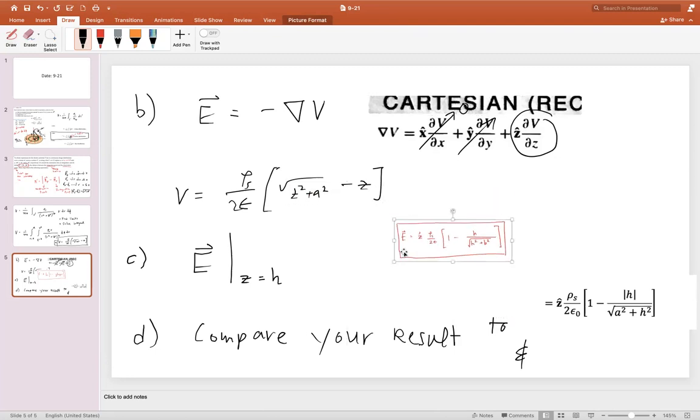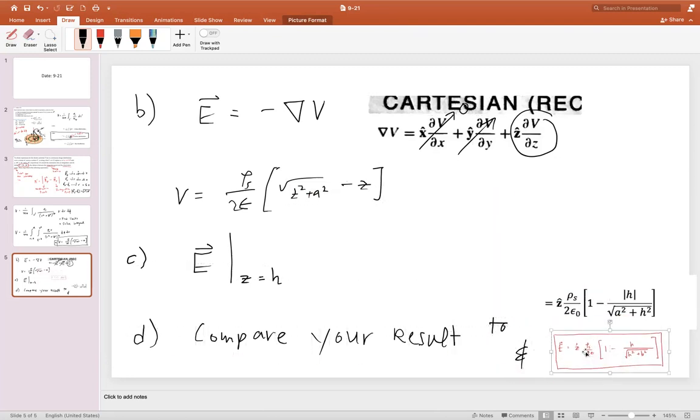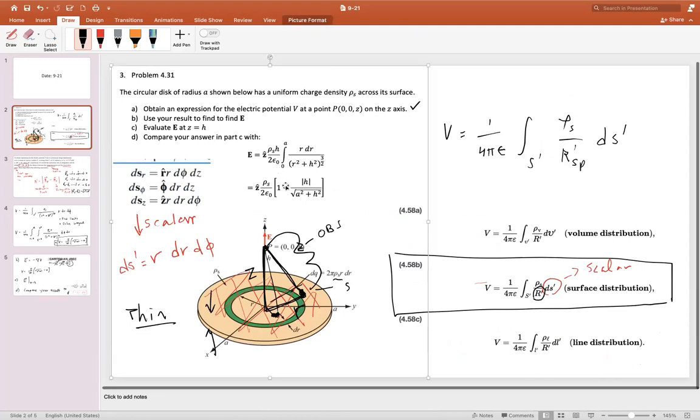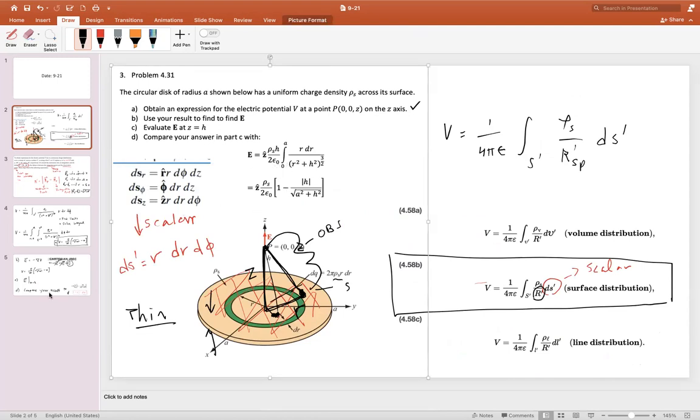And this is also slightly different. So you can compare it to both of these. In fact, there may even be a small issue.